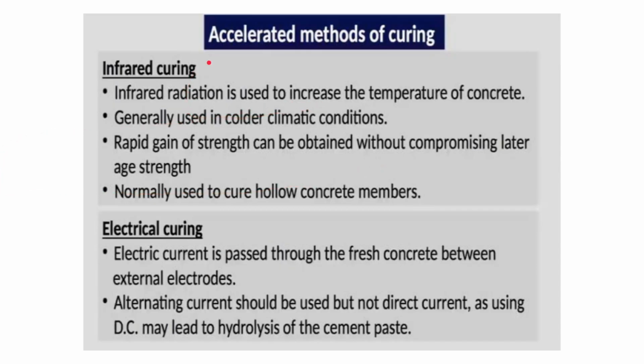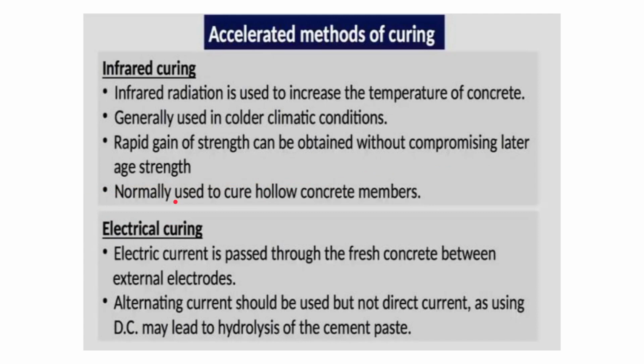Apart from that, there are also various techniques such as infrared curing. This is basically used to increase the temperature of concrete by using infrared radiation. As can be thought about logically, it is done in colder climatic conditions, and here rapid gain of strength can be obtained without compromising later age strength.